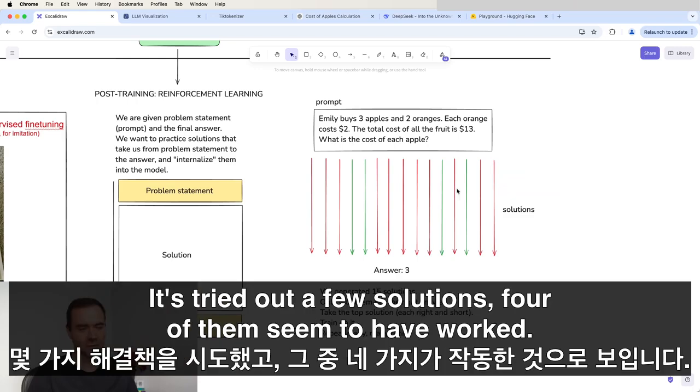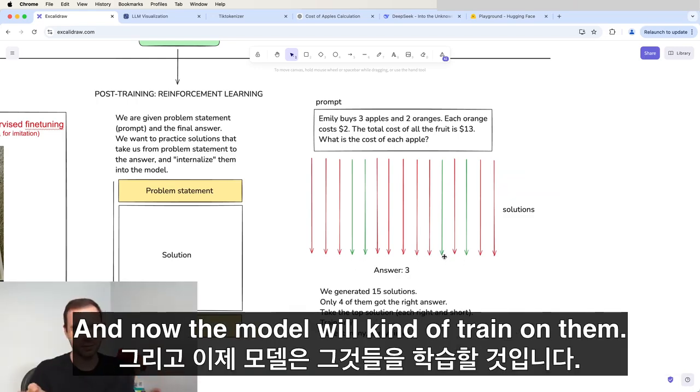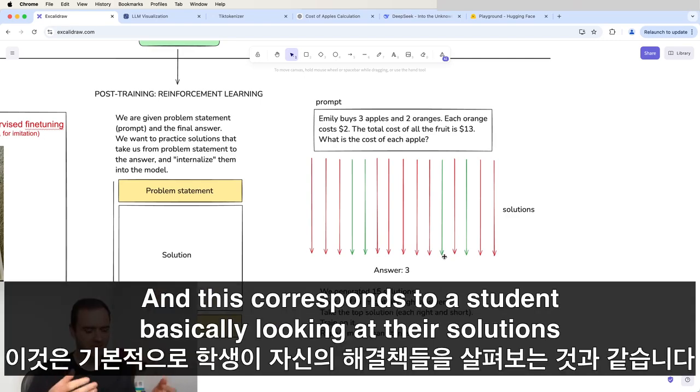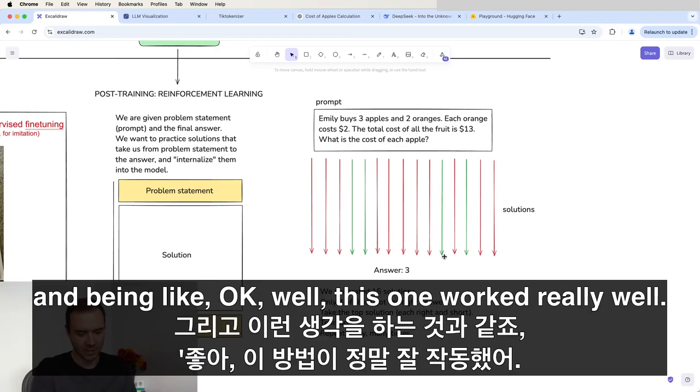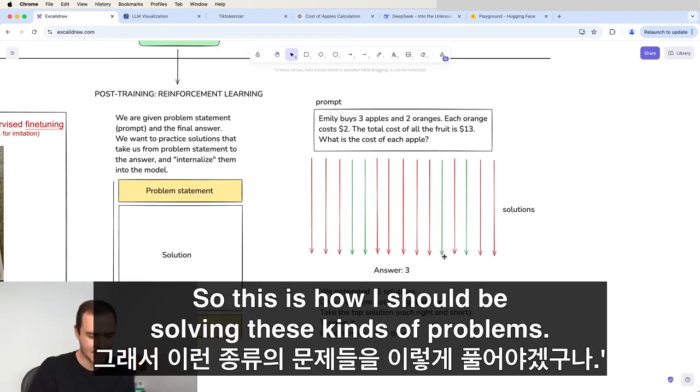So the model is practicing here. It's tried out a few solutions, 4 of them seem to have worked, and now the model will train on them. This corresponds to a student looking at their solutions and thinking, okay, this one worked really well, so this is how I should be solving these kinds of problems.